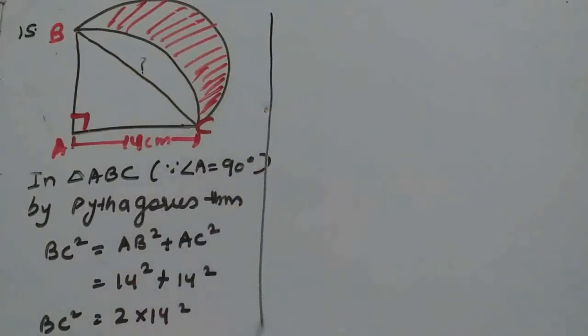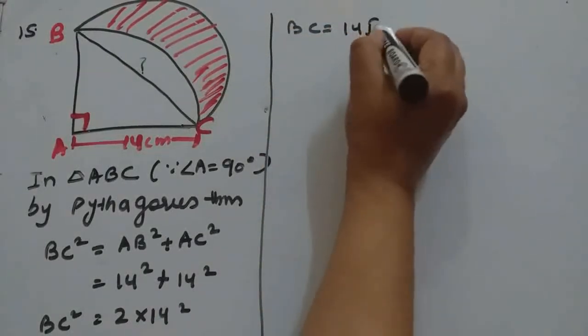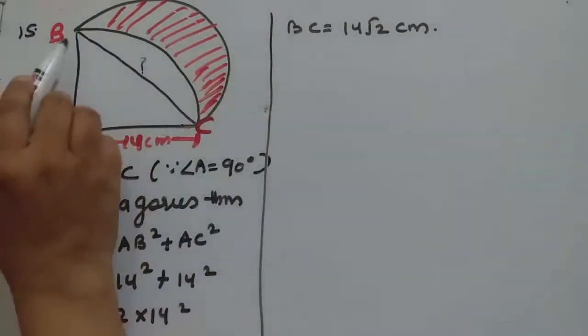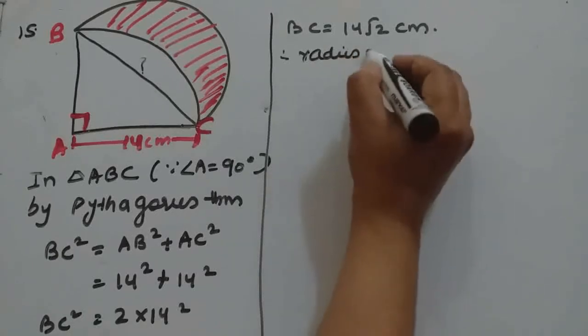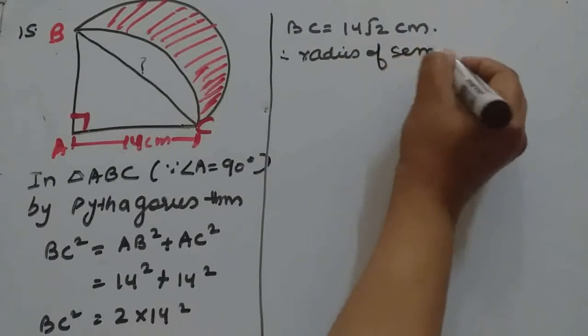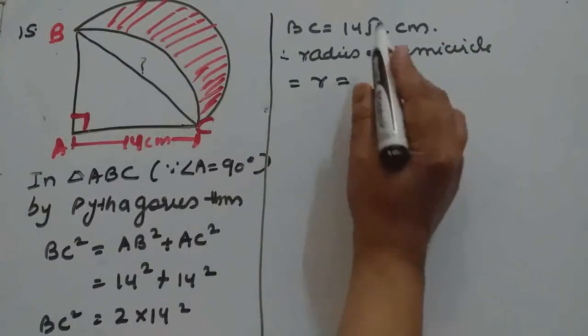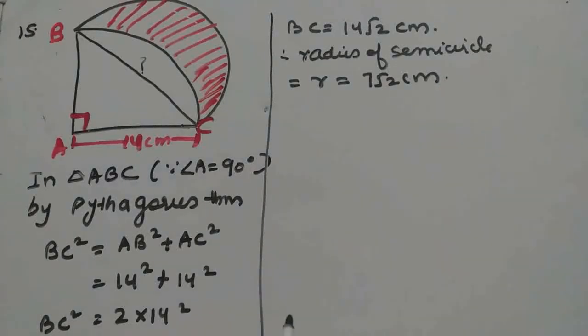So we can write BC as 14 root 2 centimeter. So BC is diameter, so therefore radius of semicircle will be R divided by 2, so 7 root 2 centimeter.